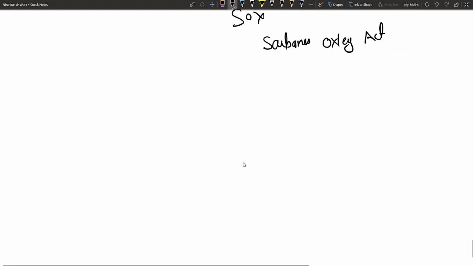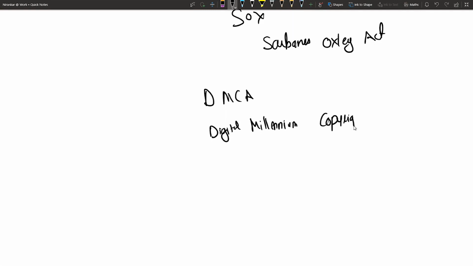Then we have the DMCA, which is the Digital Millennium Copyright Act. So this is in the United States Copyright Act, which implemented in the World Intellectual Property Organization, and it defined the legal prohibitions against the circumvention of technology protection measures employed by copyright owners to protect their works against and the removal of alteration of copyright management information.